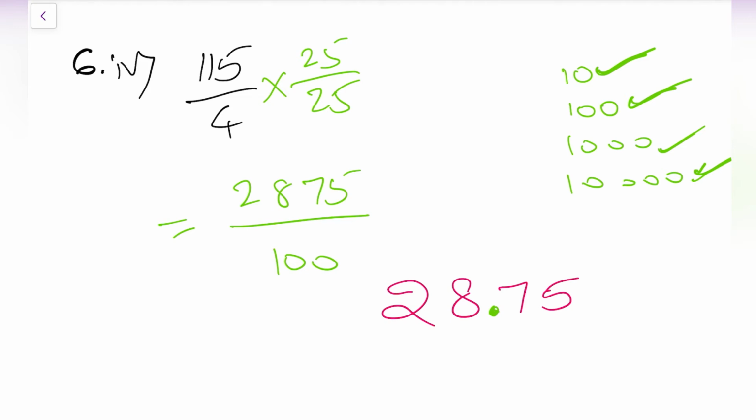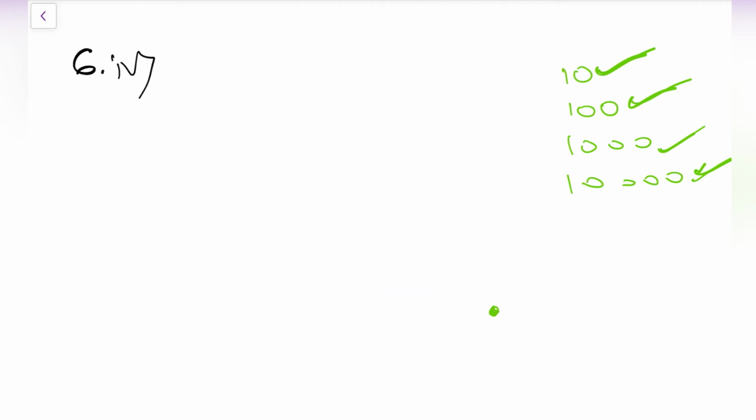Okay, till now, whatever problems we did, we could convert the denominators into numbers like 10, 100, 1000, 10,000, 1 lakh like this. Now we are going to solve some problems where we couldn't convert the denominators. For example, in this second bit, first one, 2 divided by 3.